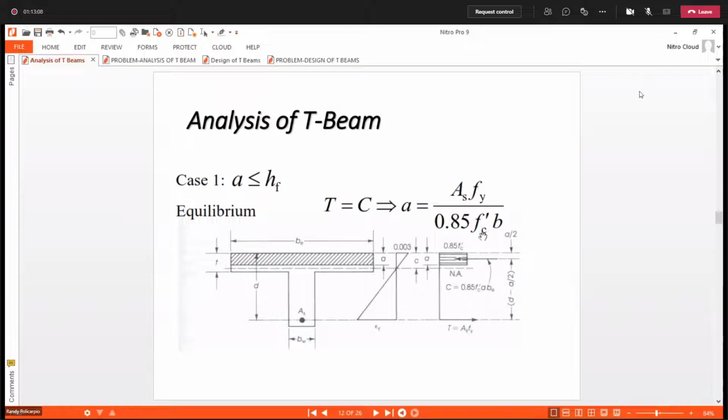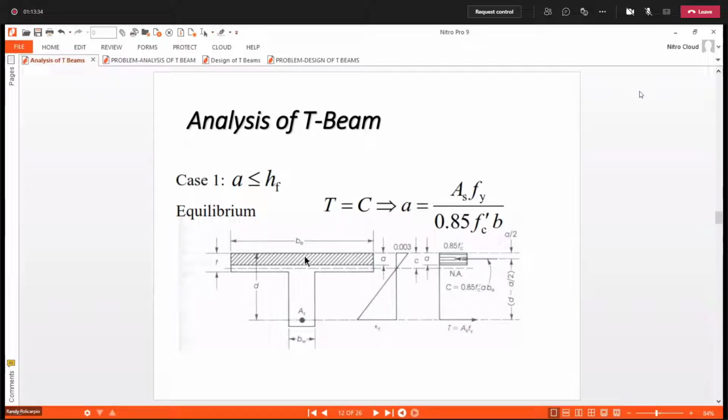So this is what I mentioned to you earlier: in treating it as a rectangular section, the only difference is our b. I think our b here will be the b effective.